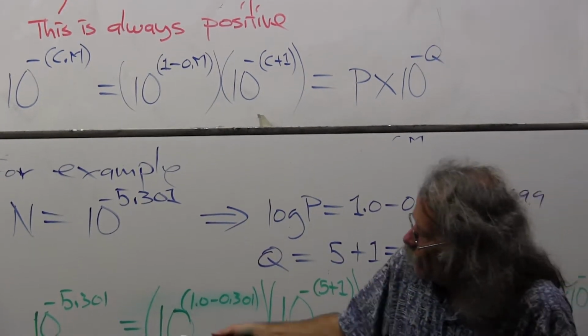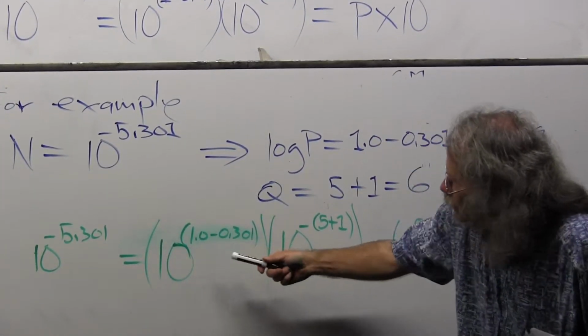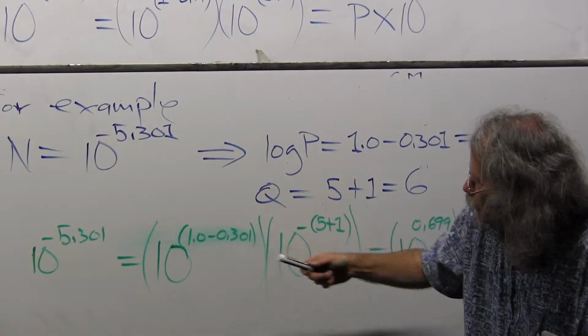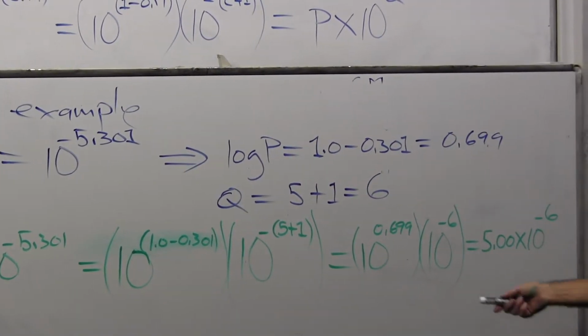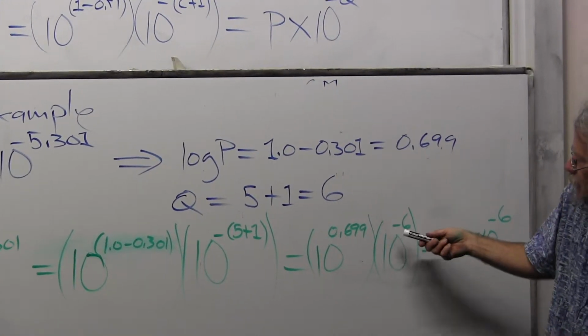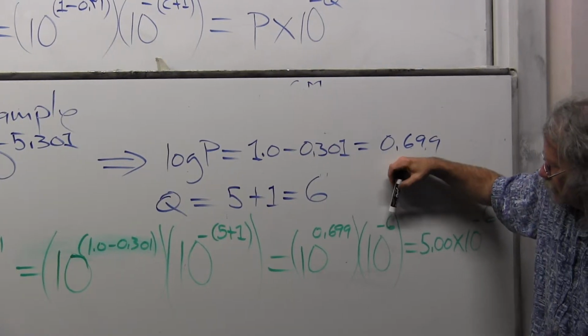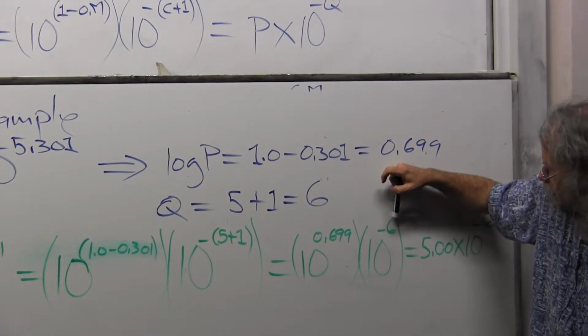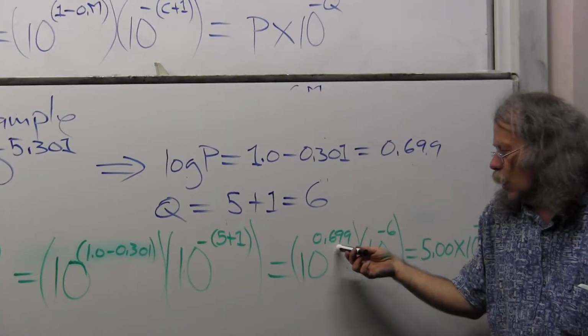So 10 to the minus 5.301 is equal to 10 to the 1 minus 0.301 times 10 to the minus 5 plus 1, which is 10 to the 0.699 times 10 to the minus 6. My scaling factor here is the minus 6. And this is equal to log of p.